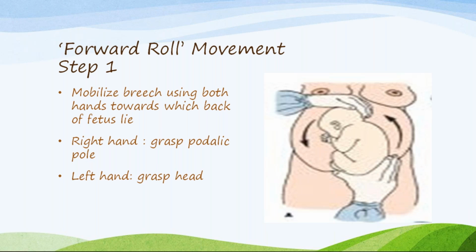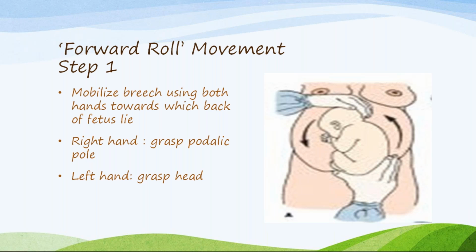Once it reaches the transverse position, the hand has to be exchanged because you cannot cross hands and do this manipulation. Keep one hand here, then put the other hand here. Don't remove both hands simultaneously.